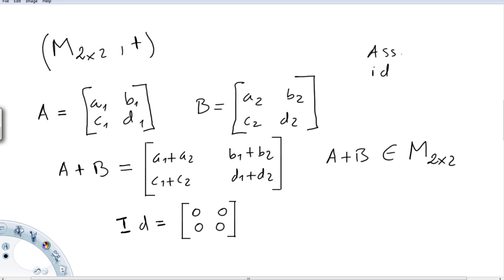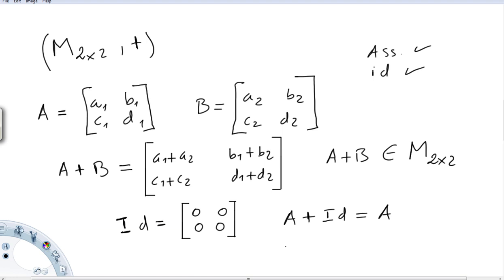Associativity, you can check that. Identity, we have this identity: if you add a plus the identity, you will get a.